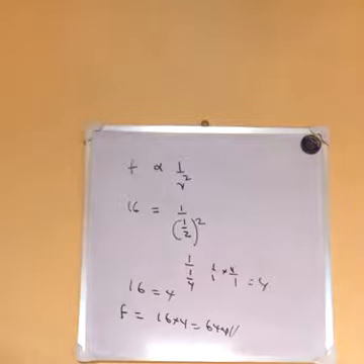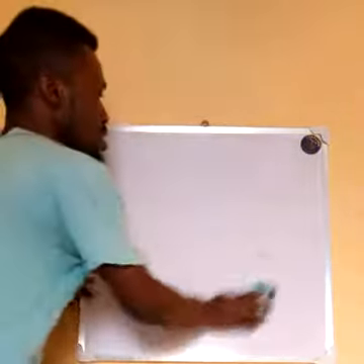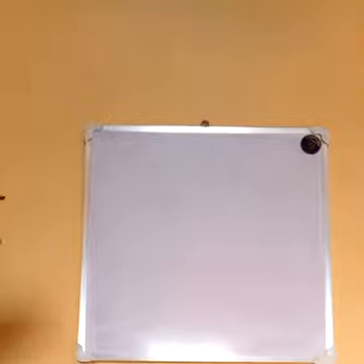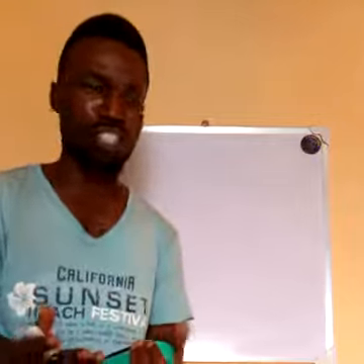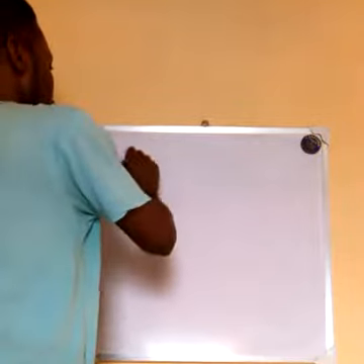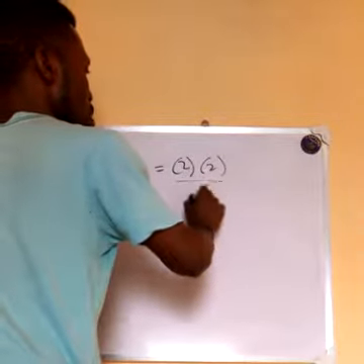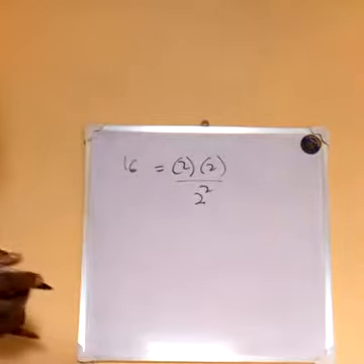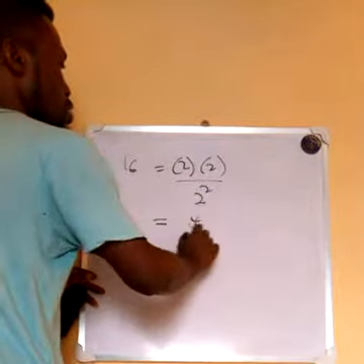Then the next condition: if the mass of both is doubled and the distance is doubled, what is the new force of attraction? Let's see. 16 with double the mass, then double the distance, 2 squared. So you have 2 times 2, which is 4, and 2 squared is also 4.